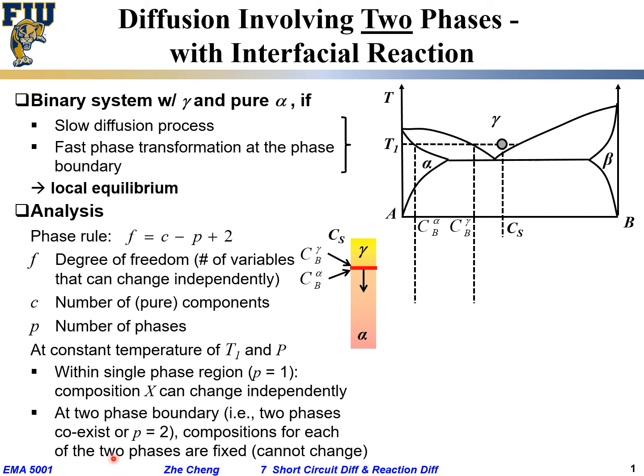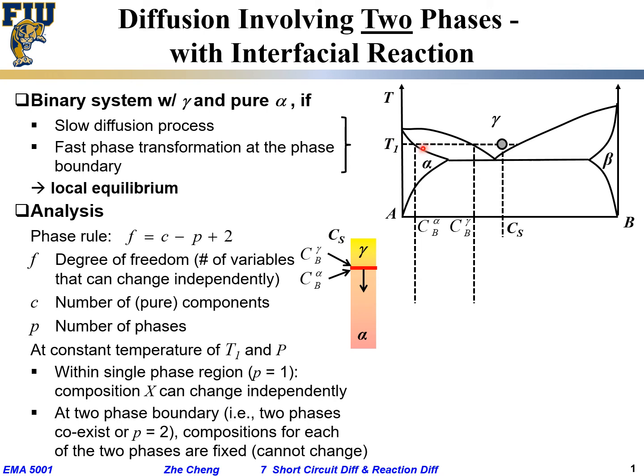We just said the composition for those 2 phases is determined by the intercept with what? The composition for alpha phase here is determined by the intercept with the phase boundary, right?